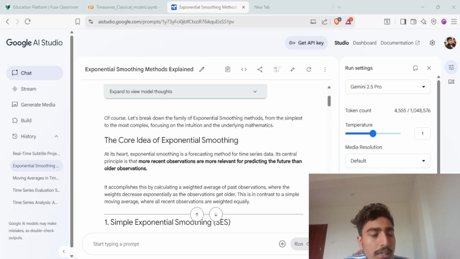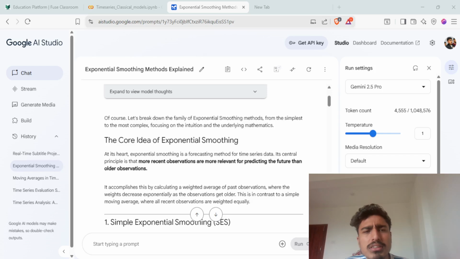The weights for the observations decrease exponentially, so the weights for the latest observations will be more in comparison to the older observations.